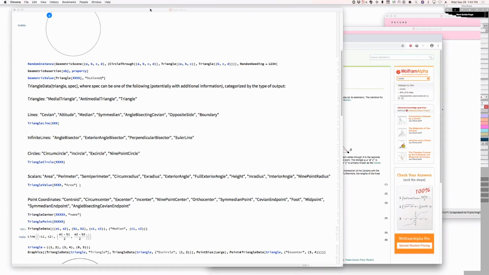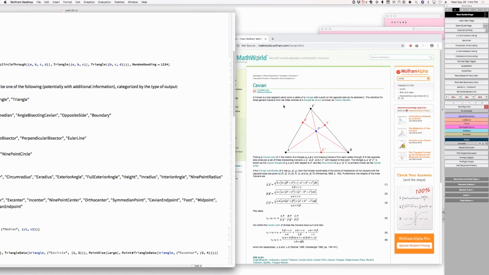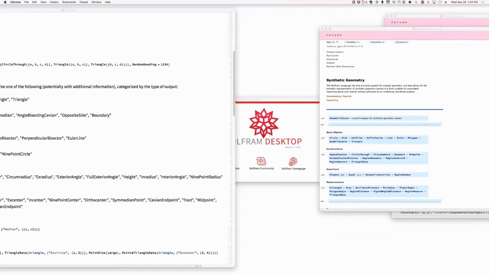Opposite web browser going. Yeah, go ahead. Opposite side and boundary are not Cevians. I forgot I added those in there. There's a line segment which joins the vertex of a triangle with a point on the opposite side. Right. Okay. So usually, it's definitely relevant to this. Right. Yeah.